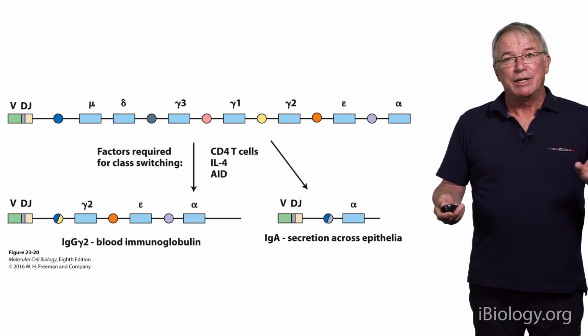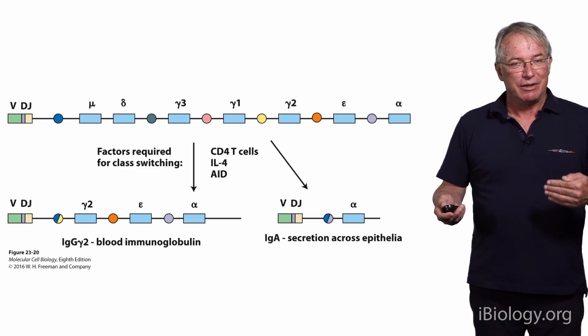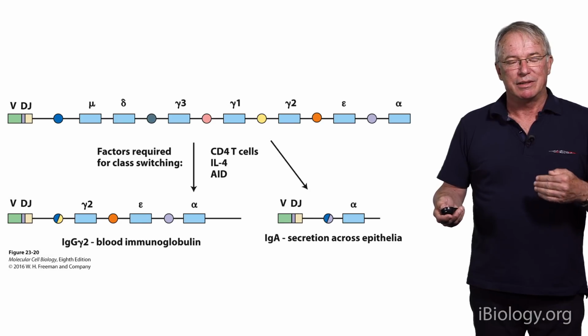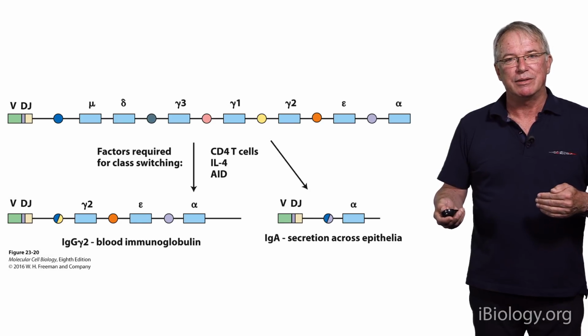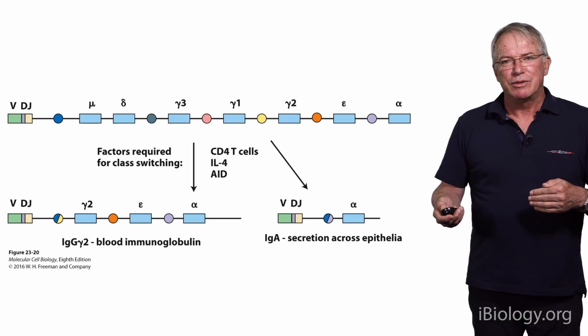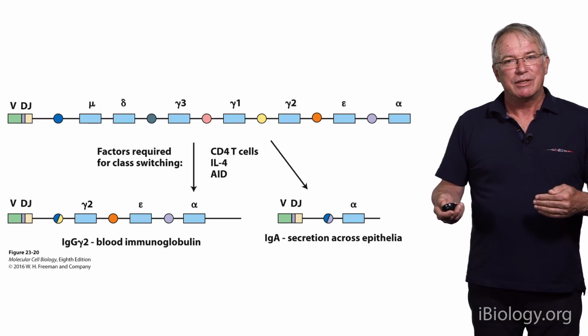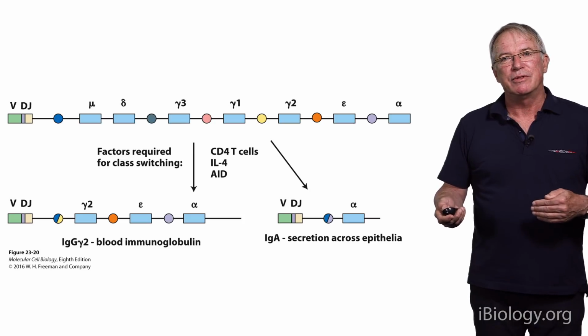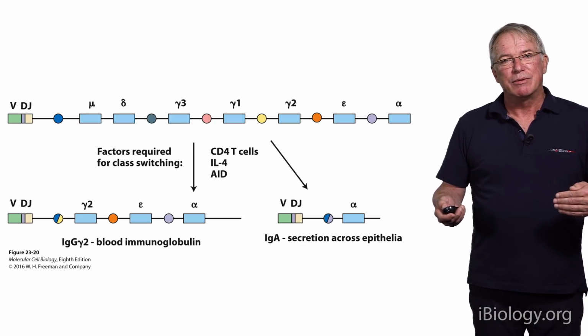This class switch recombination requires the involvement of the other major class of lymphocytes, the T lymphocytes or T helper cells, and there are accessory molecules such as the cytokine IL-4 and enzymatic functions, activation-induced deaminase expressed in the B lymphocyte, that are an absolute prerequisite to execute the class switch recombination.